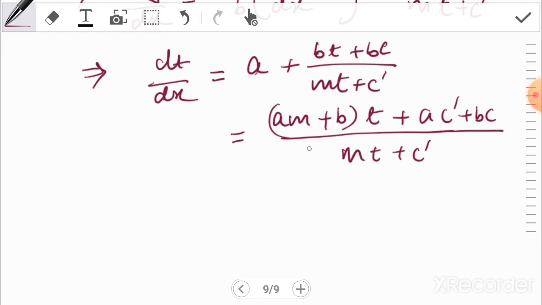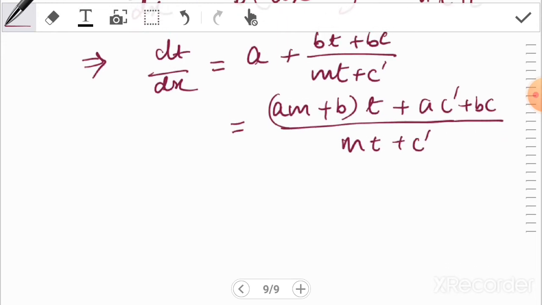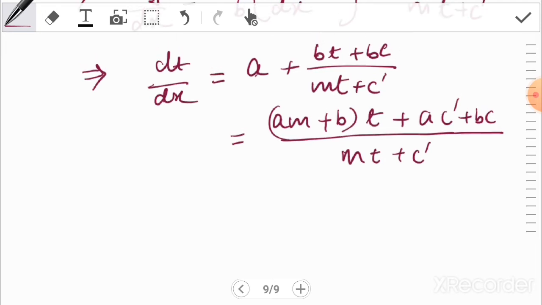So we can use the variable separable method. Now putting t is equal to ax plus by back in the value, we will get the required solution.